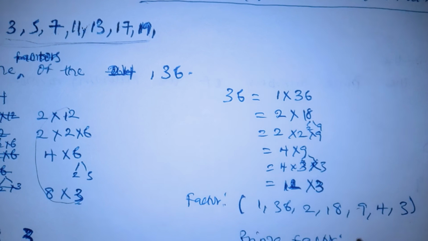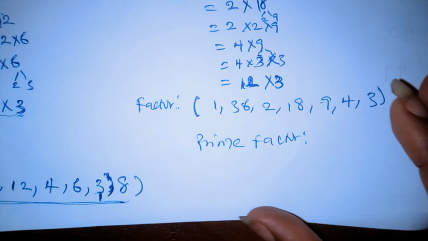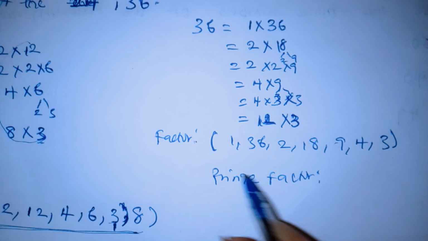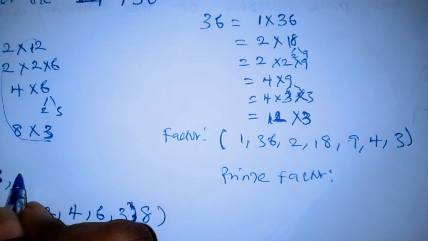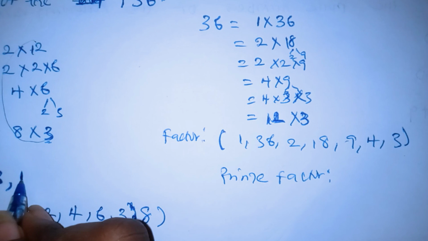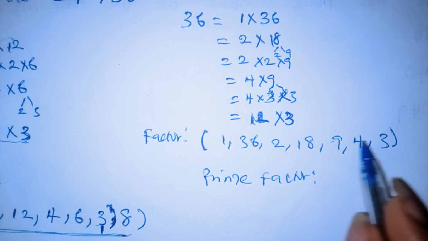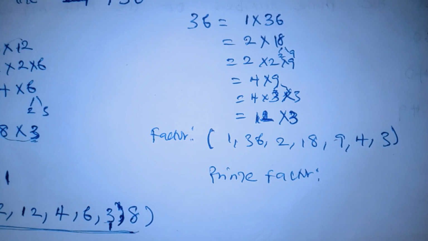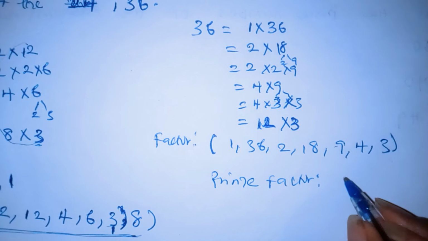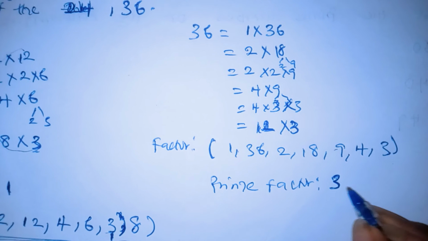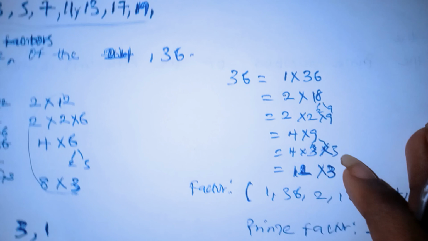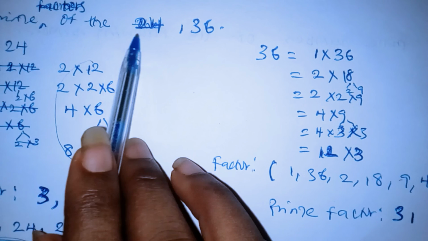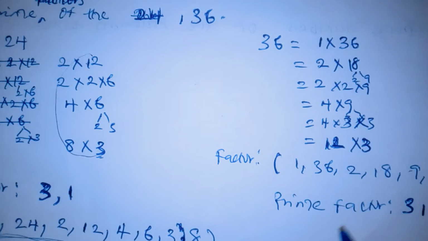The prime factor is a prime number, and which is 1. Sorry, 3 and 1 is the prime factor here. How can we put it? It's 3 and 1 also. So if I told you what is the prime factor of 24 and 36, then it is 3 and 1.